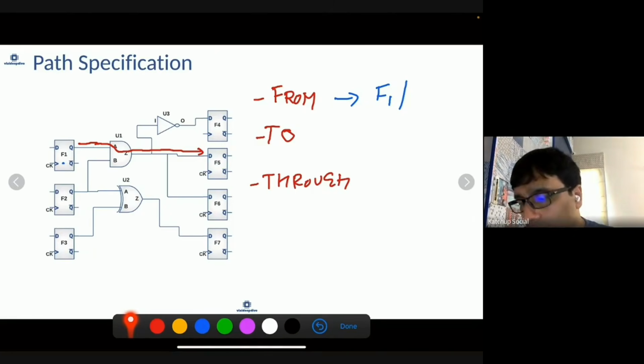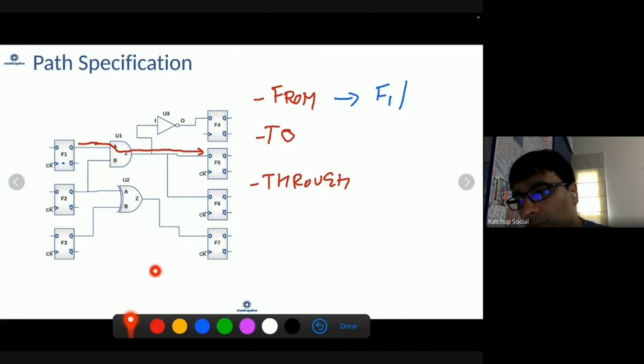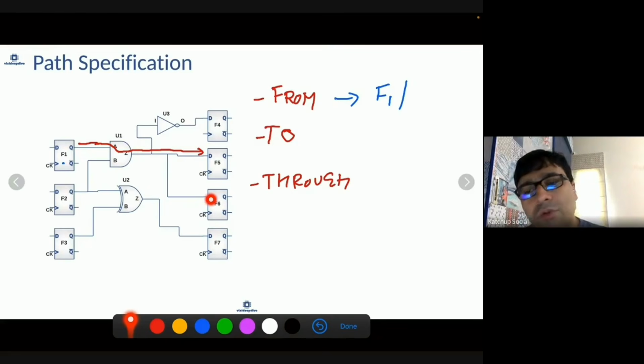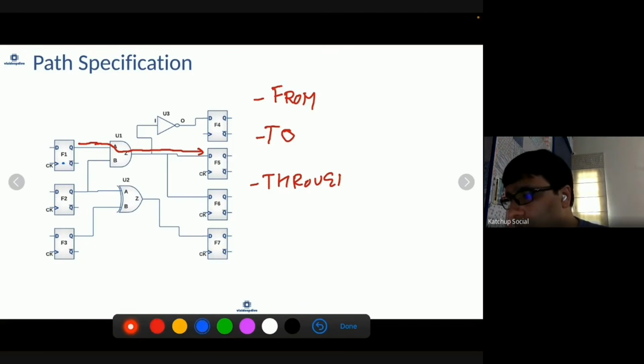What paths can it apply to? All the paths starting from F1CK. There is this path which is starting from F1CK. There is another path which is starting from F1CK. There is another path which is starting from F1CK. So if you use just one of the options or fewer options, in general, it can apply to more than one path. For example, let's say you just use through U1Z. That means it should apply to all the paths going through this.